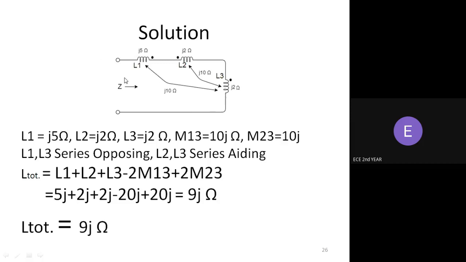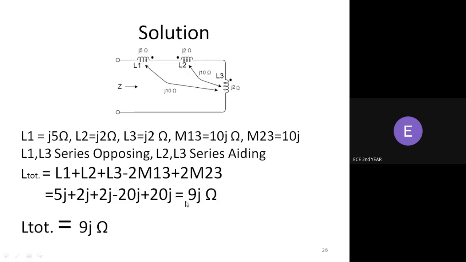So L1 and L3 are connected in series opposing manner because their dots are in different positions, and L2, L3 are connected in series aiding manner because their dots are in the same places. So L1 and L3 are series opposing, L2 and L3 are series aiding. There is no mutual inductance between L1 and L2, so don't consider this one.